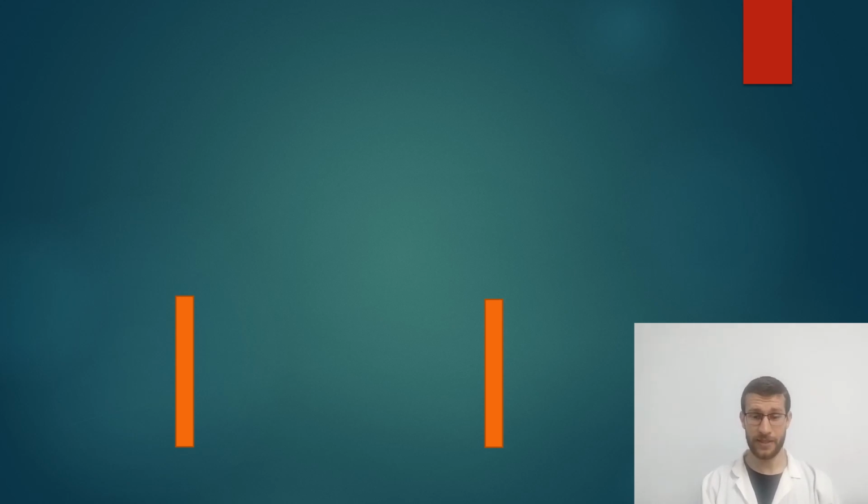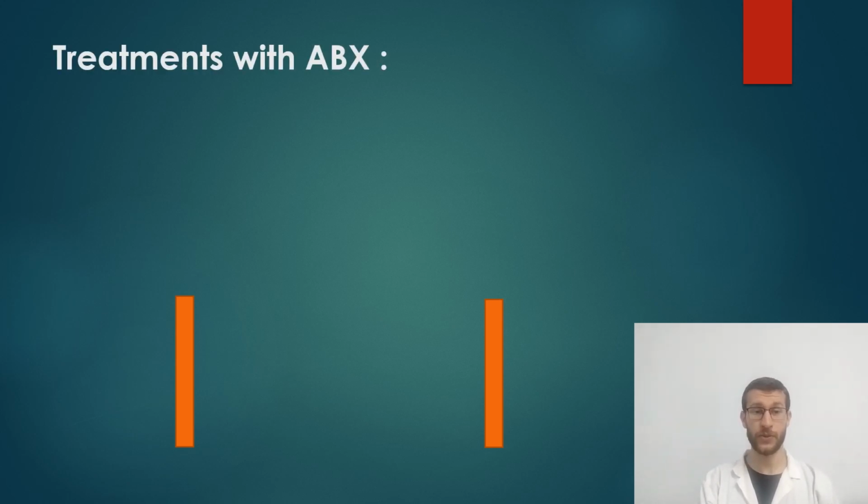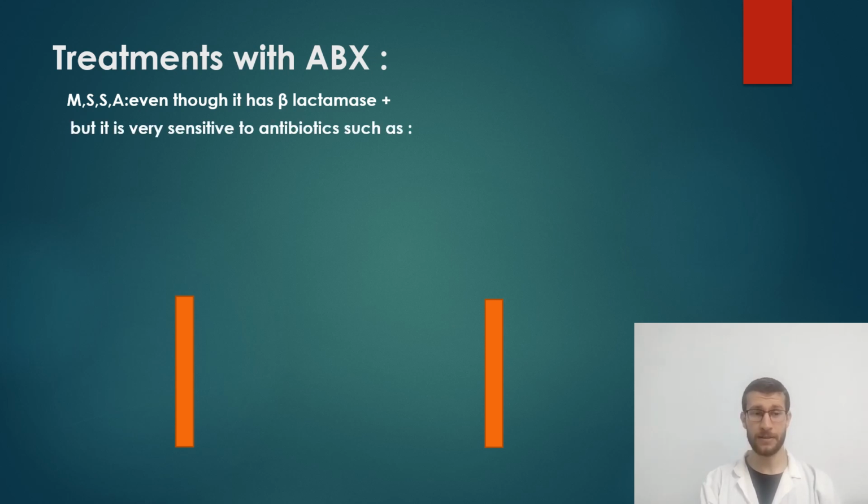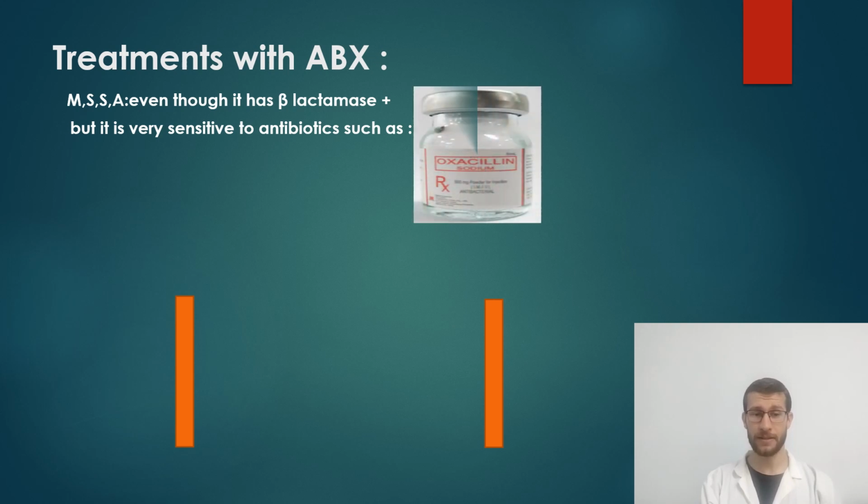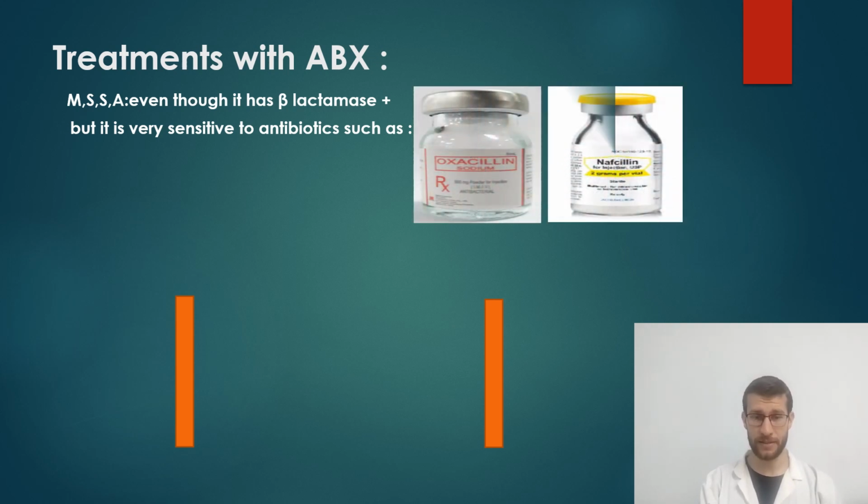How do we treat these infections? The treatment is with antibiotics. First of all, we have the methicillin-sensitive Staphylococcus aureus. Even though it is beta-lactamase enzyme positive, it is very sensitive to antibiotics such as oxacillin and nafcillin.